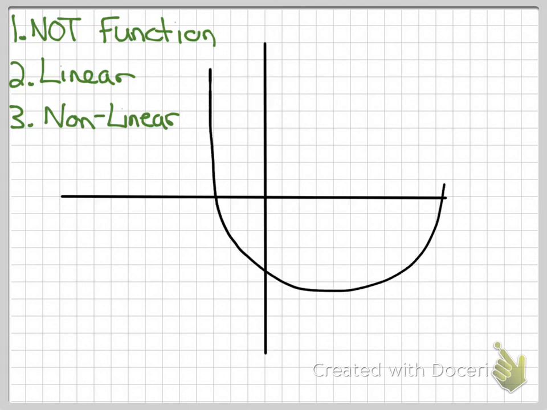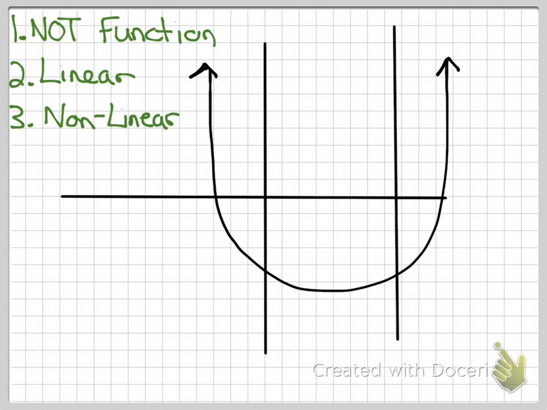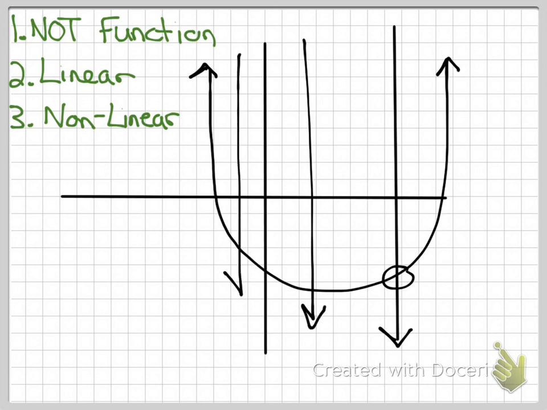So let's say you see a function like this. Okay? Can you draw a vertical line through any one of the parts of this graph and it only intersects one time? Yes. Look, here's my intersecting point right here. At any one of these points, I can draw vertical lines all over this graph, and it only intersects one time.